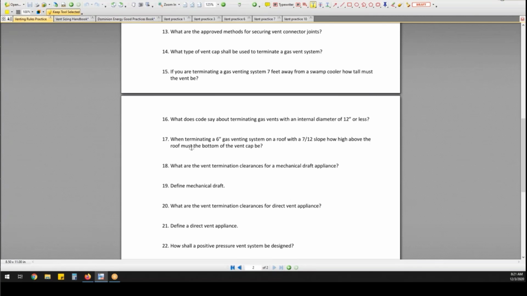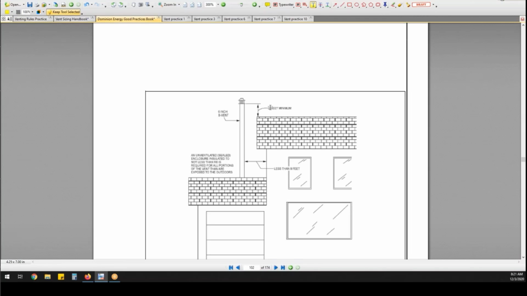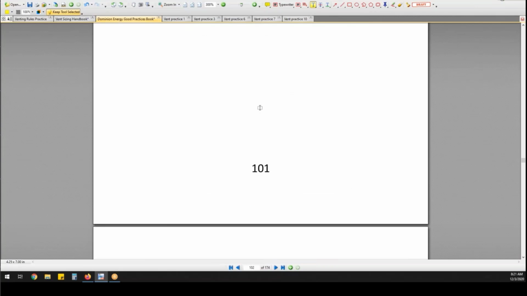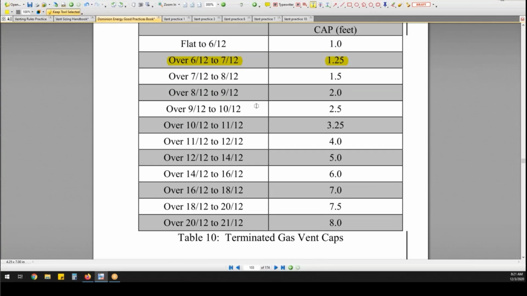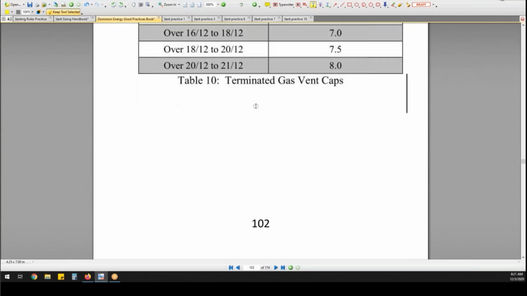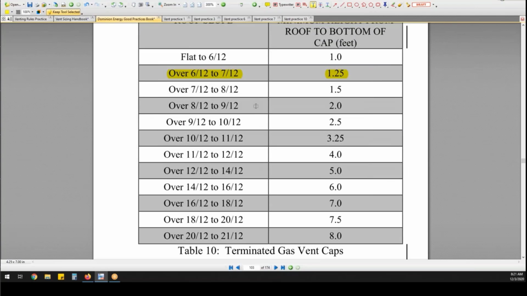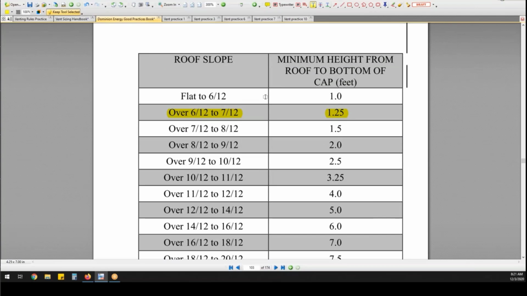Okay, so number 17. What did you come up with on that one? 1.25 feet. Okay, how'd you figure that out? I think one of the diagrams, I didn't write down the page where I found it. I should have. So it's right here in the good practices 102, and they've got this table, and it shows your roof slope.